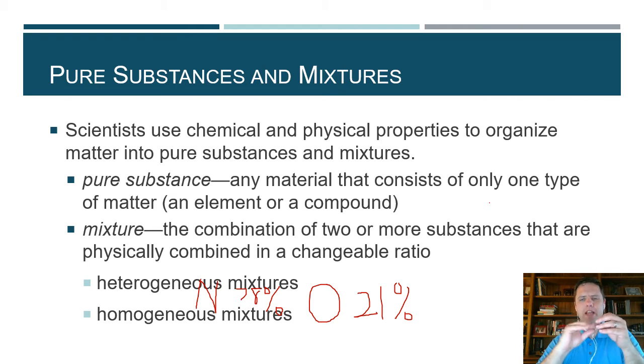The cookie dough itself is probably homogeneous, but the chocolate chips are the heterogeneous part. The way you can tell if a mixture is heterogeneous is if you took a sample from it and then a sample from somewhere else, it's possible that you get different percentages of stuff in those two samples. If it's homogeneous, no matter where you take a sample from the mixture, it's always going to give you the same percentages of things.